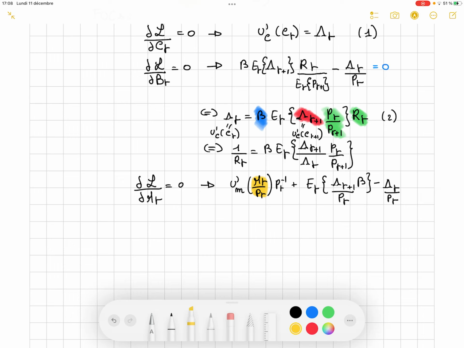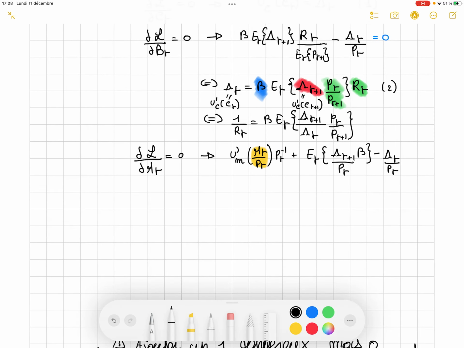So you also divide this marginal utility of consumption by P_t. That means that you can cancel out some expressions.